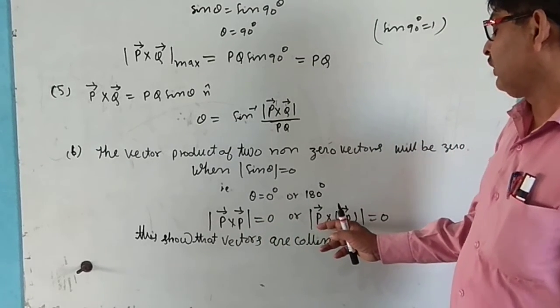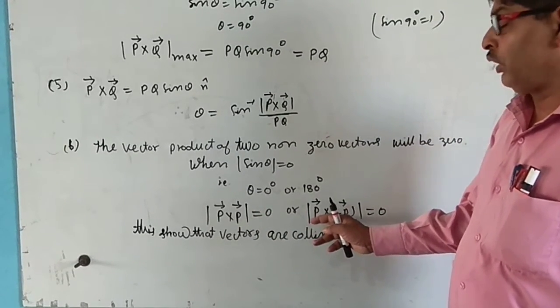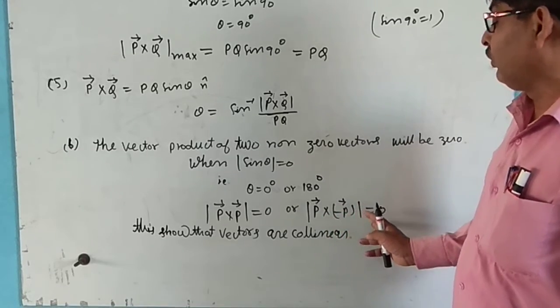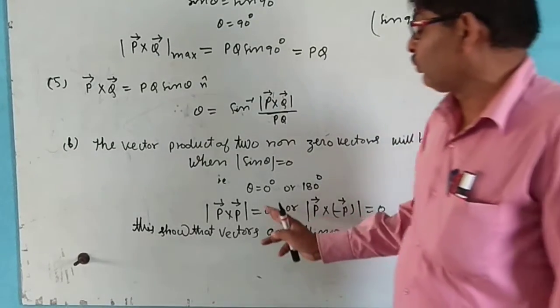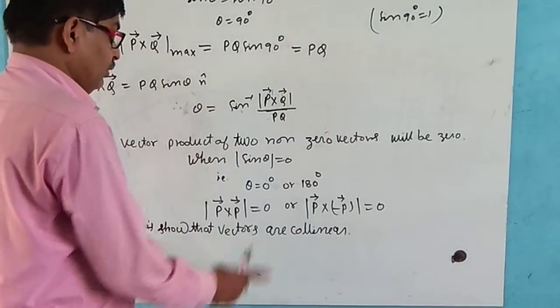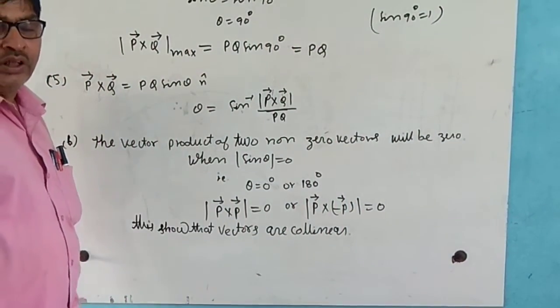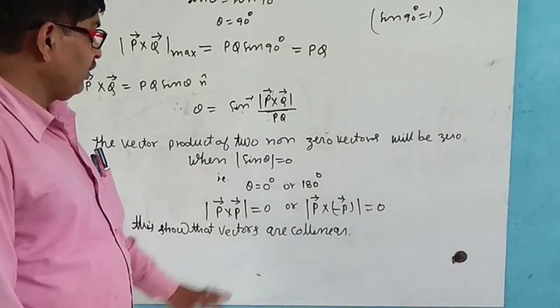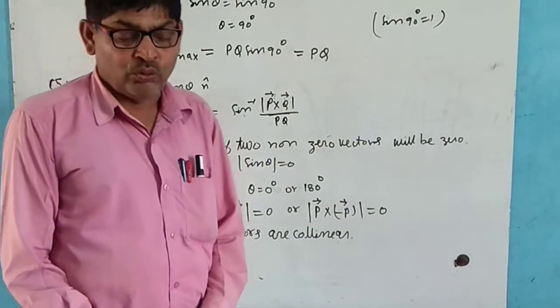It means that vector P cross vector minus P is equal to 0. This result shows that the vectors are collinear. This is the condition for vectors to be collinear.